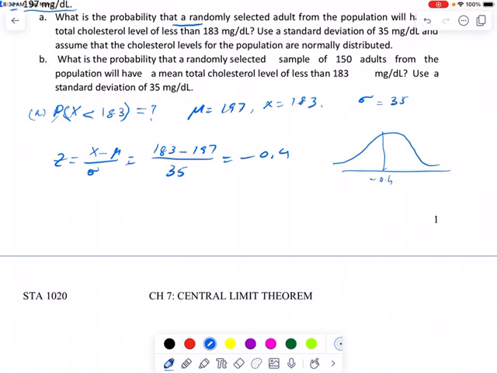So we want the probability that the value is lying over here in this area. So we want this area. So look up in the table, the probability that X is less than 183 is the same as the probability that Z is less than negative 0.4, and when you look up in the table you get 0.3446.